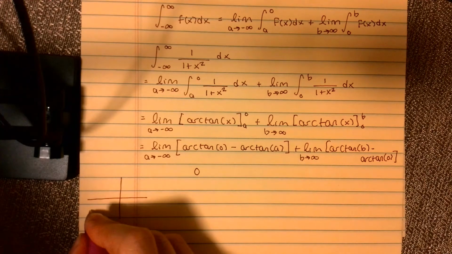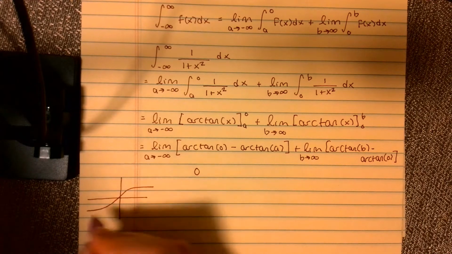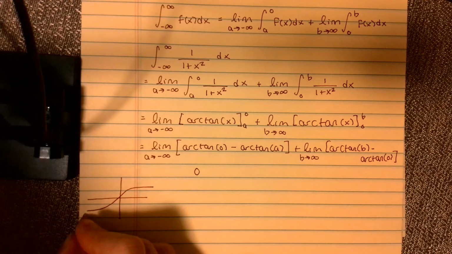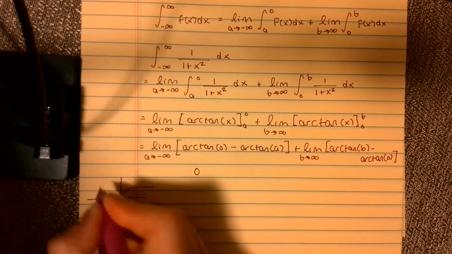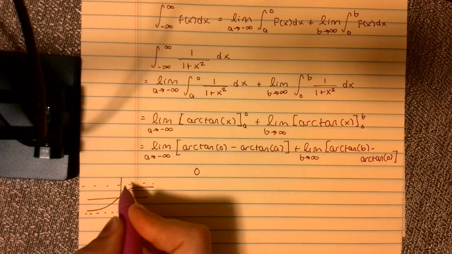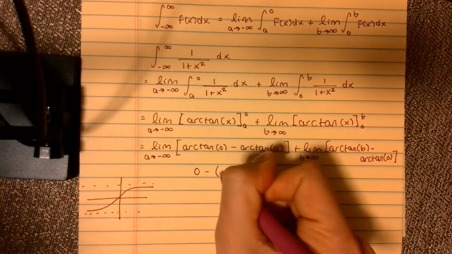So the graph of arctangent has horizontal asymptotes, and those horizontal asymptotes appear where tangent would have had its vertical asymptotes. So that's at negative pi over 2 and pi over 2. So this is minus negative pi over 2.